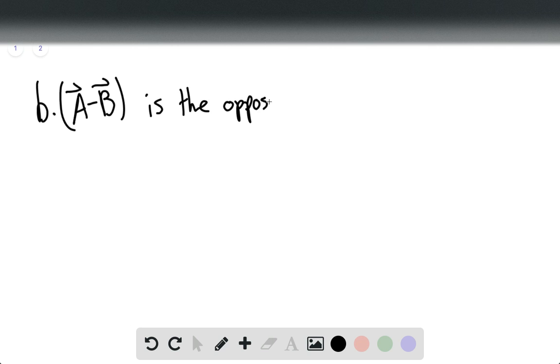Now, for part B, they're simply asking for a minus b. So a minus b is the opposite of b minus a. So essentially, we can go straight to the magnitude.